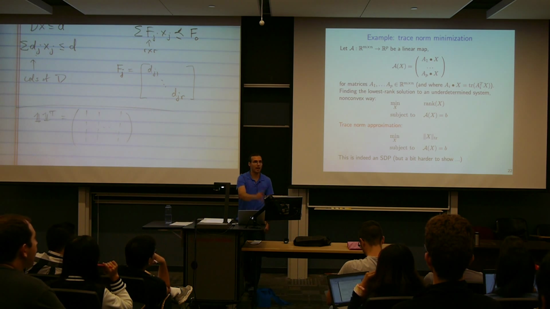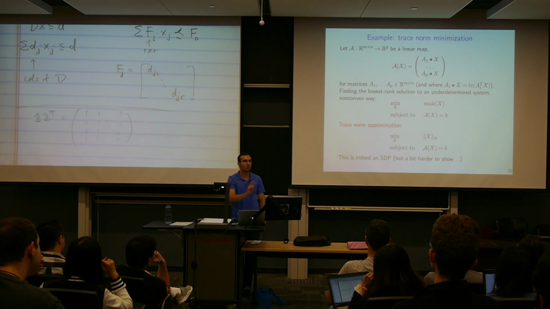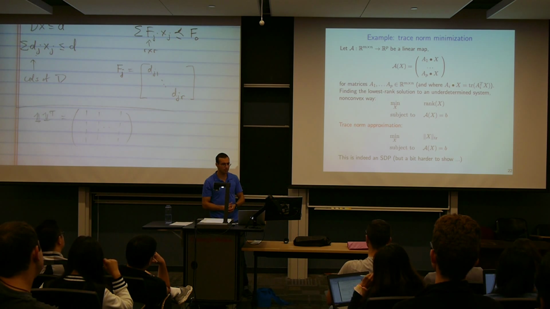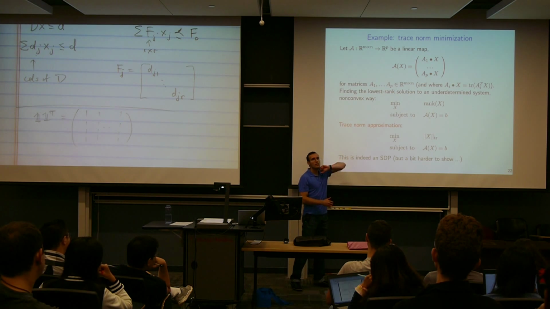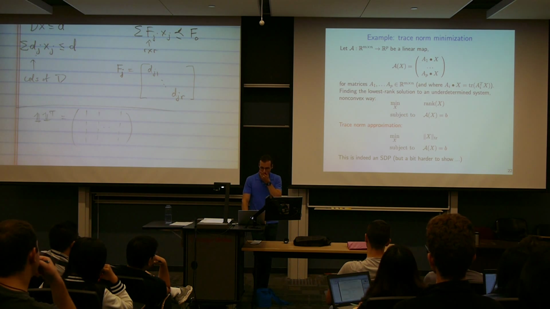If all the matrices were diagonal, then this would be the same thing as finding a sparse solution to a linear system of equations in vectors. It's just a generalization of that idea. And we'll revisit this when we talk about matrix completion, maybe in 3 or 4 lectures from now. But this is an SDP. That was our way of introducing it.